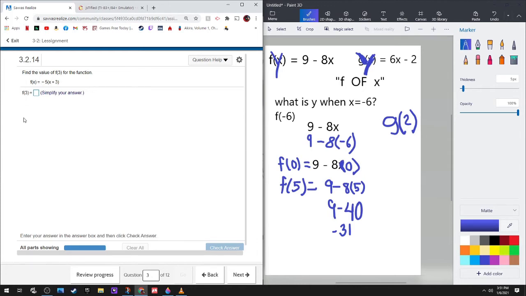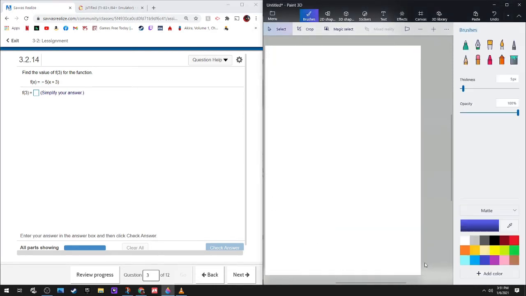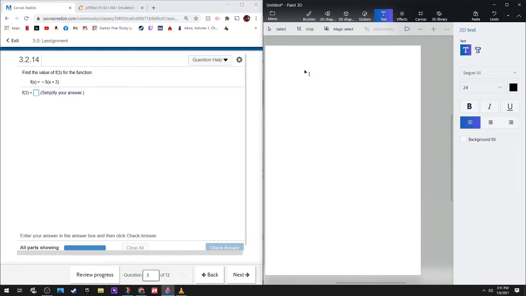So like this one, this looks like it might be a big mess, but it just says f of 3. It just means plug in 3 to the stuff on the right. That's all it means. So let's see. I don't even need to pay attention to the left-hand side. In all honesty, I just need to pay attention to this.